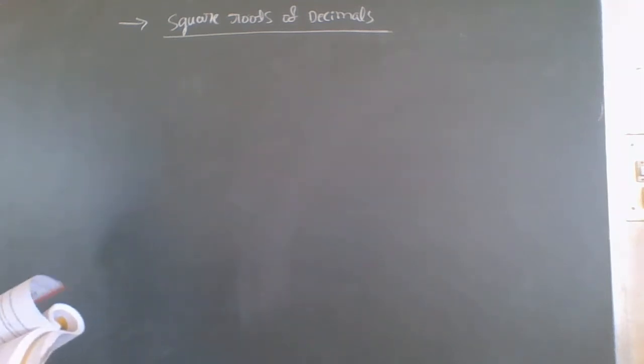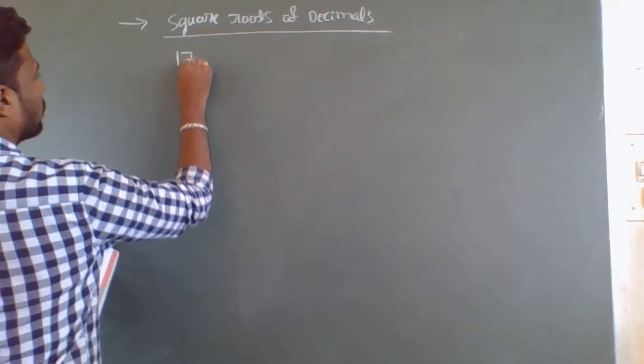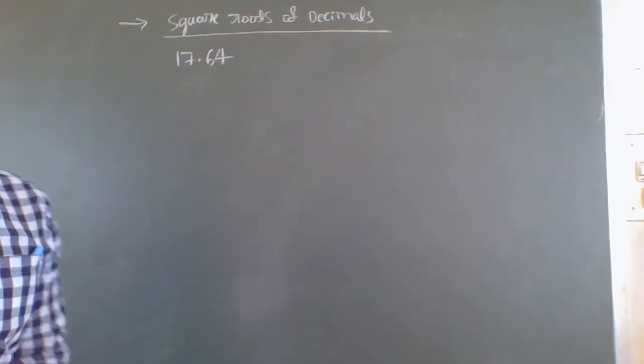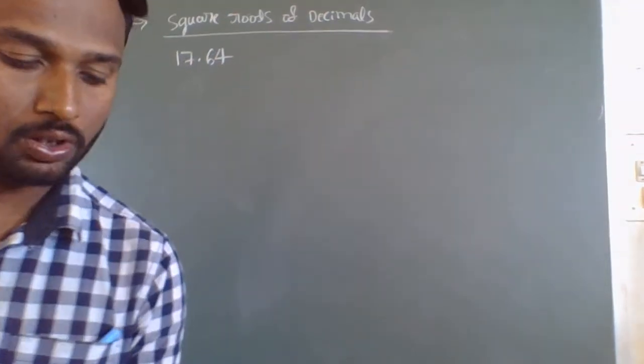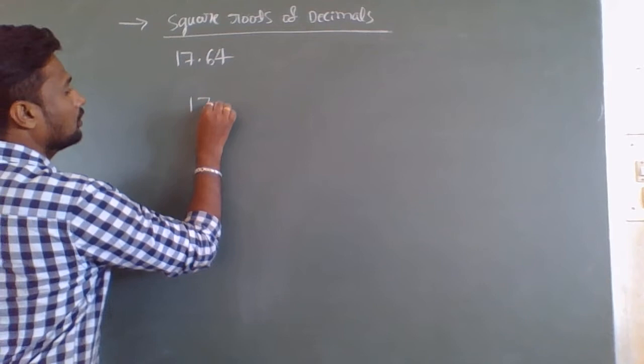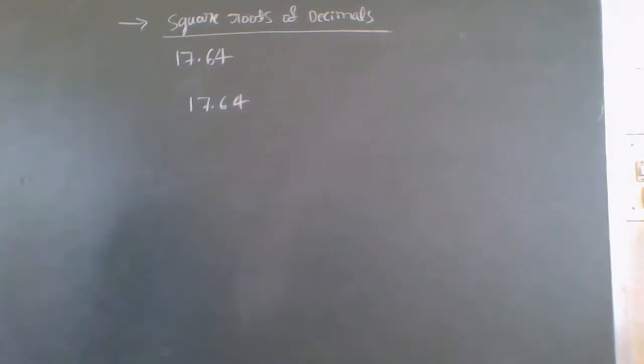So here they have given one example: 17.64. We have to find the square root of 17.64 by using the division method. So again we have to make groups of two numbers.